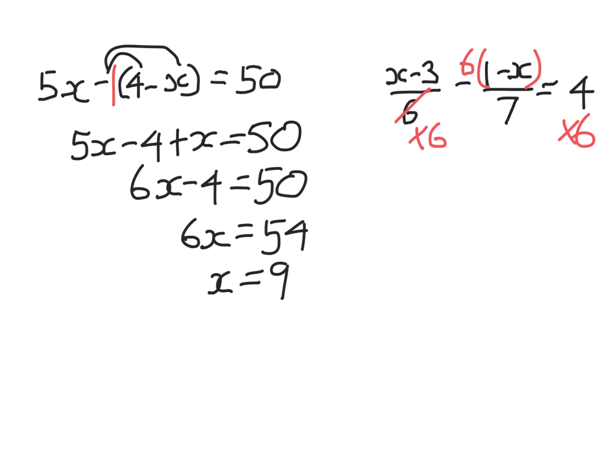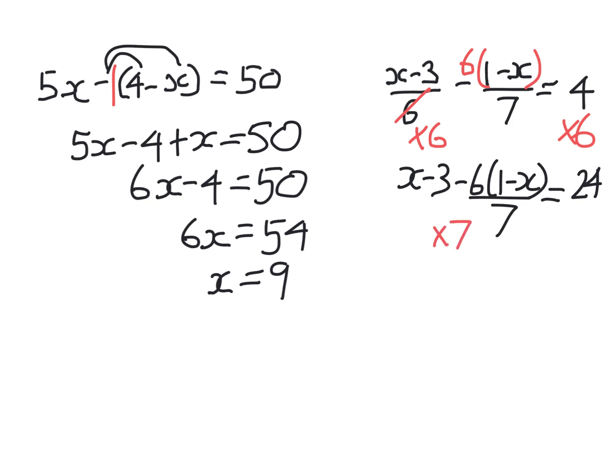So what I'm going to end up with is x minus 3, subtract 6 outside of 1 minus x. I've still got the 7 there, and then 4 times 6 is 24. Now I'm going to get rid of this fraction by multiplying by 7. Once again, if I multiply this side by 7, I need to multiply the whole shebang.